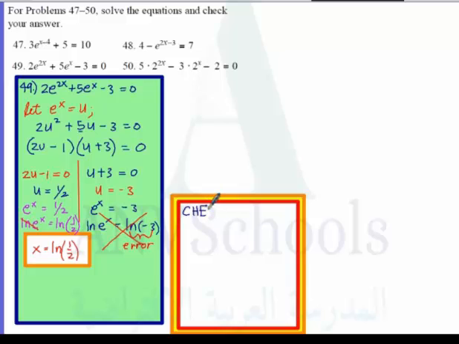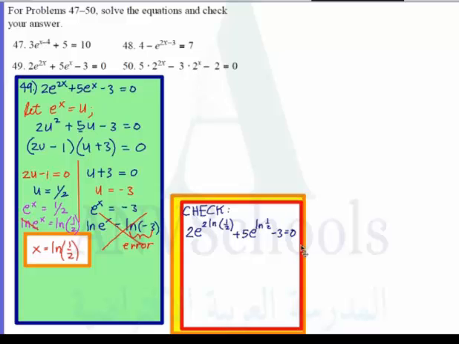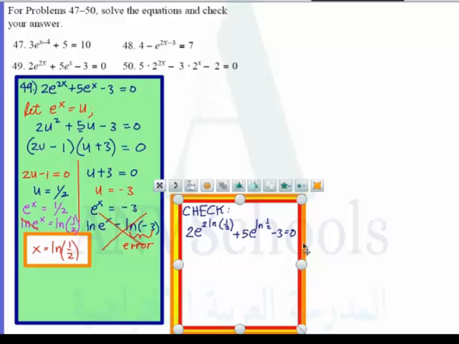If my x is ln of 1/2, then that gives me 2e raised to 2 times ln of 1/2 plus 5e raised to ln of 1/2 minus 3, is it equal to 0? Okay.